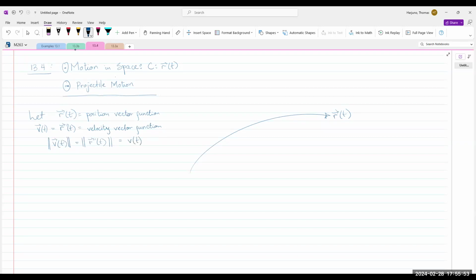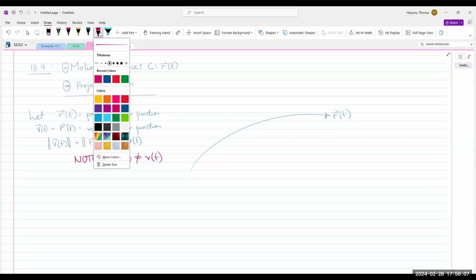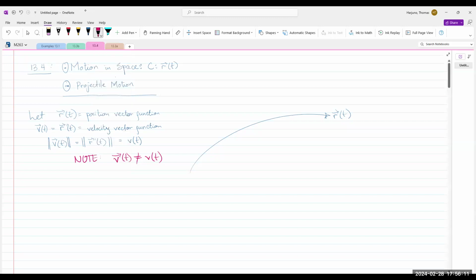Note that the vector v(t) is not the same as the scalar v(t). Why? One of them is a vector, the other one is a scalar. In fact, we will call this the speed function.